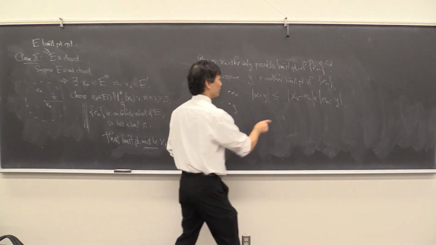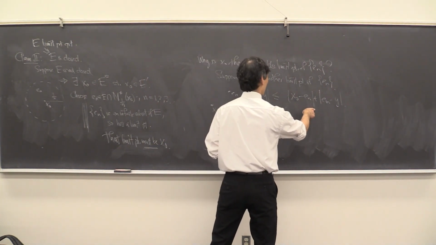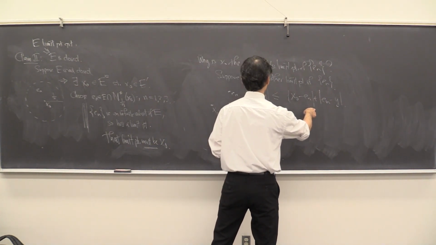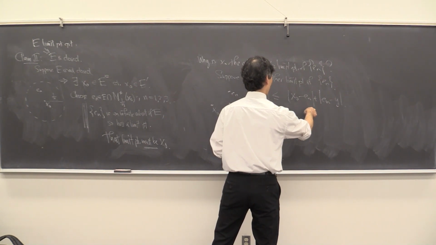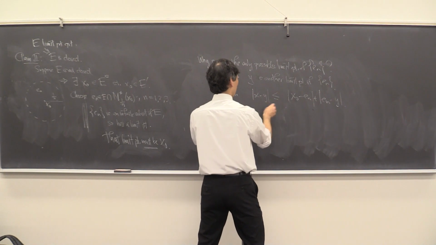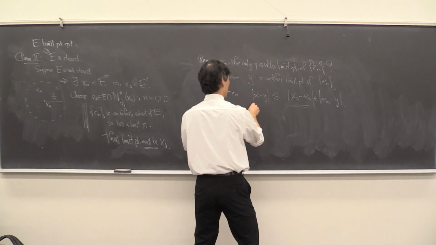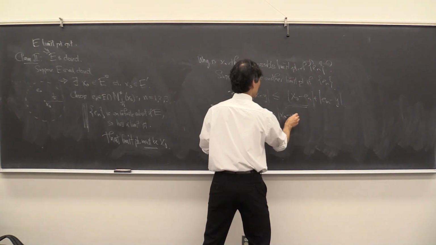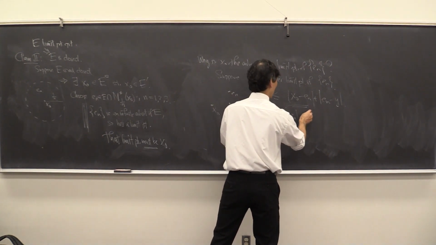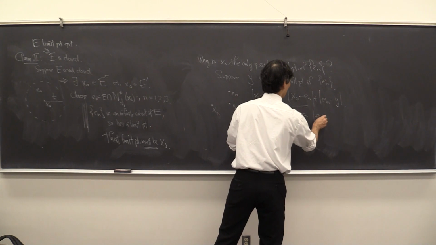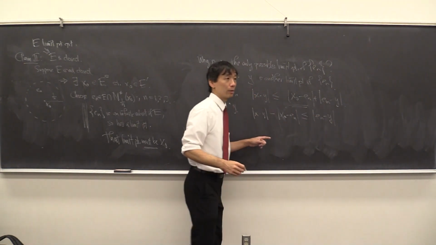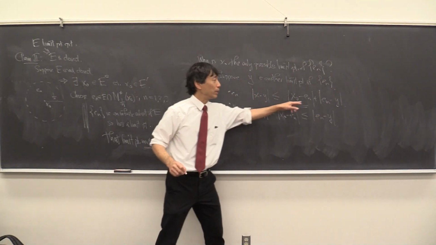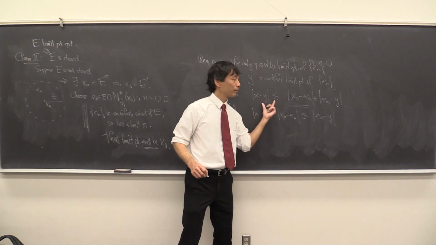So let's move this to the left-hand side: |x naught minus y| minus |x naught minus E sub n| must be less than |E sub n minus y|. I'm just moving this over to the left-hand side, right?